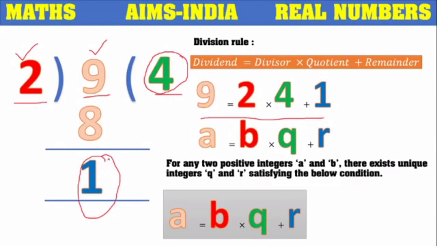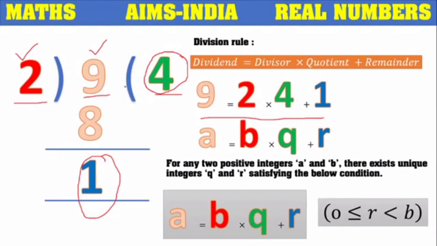Unique means one and only one. There exists one and only one pair, 4 and 1, based on the condition a equals b into q plus r. But here one thing we have to keep in mind: whatever remainder we get is always less than the divisor. Here we can observe 1 is less than 2.